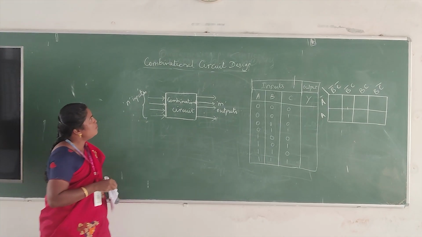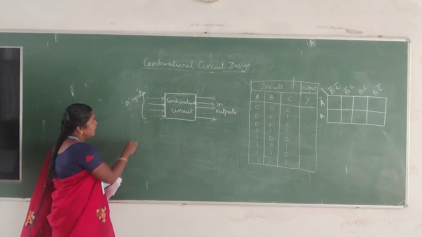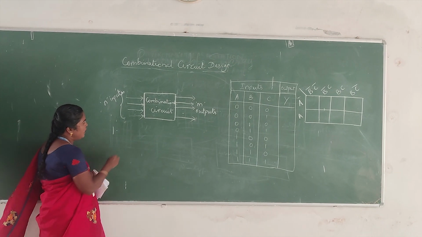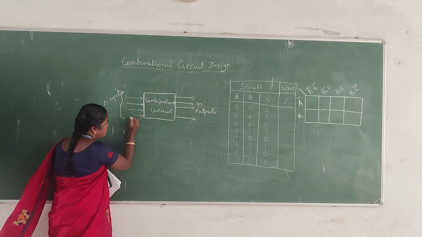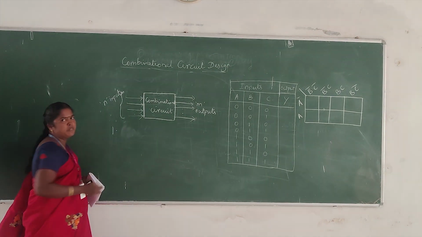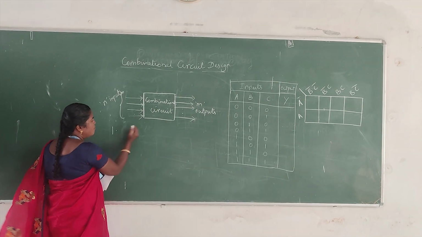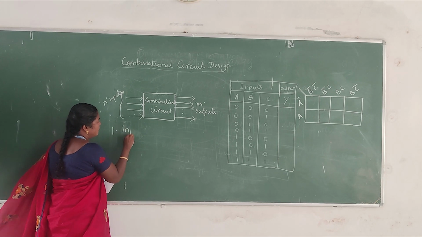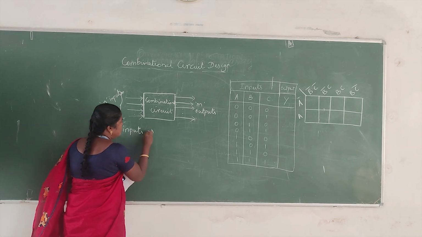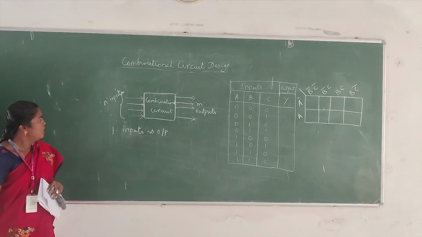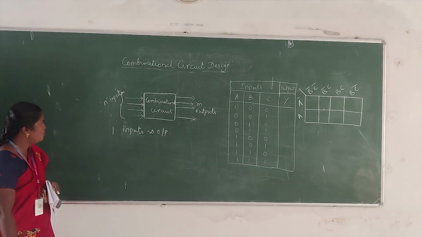Okay. The design procedure is, first, according to our specification, we determine the input and output variables. According to our specification or requirement, we determine the number of inputs and outputs. How many inputs and outputs we require.